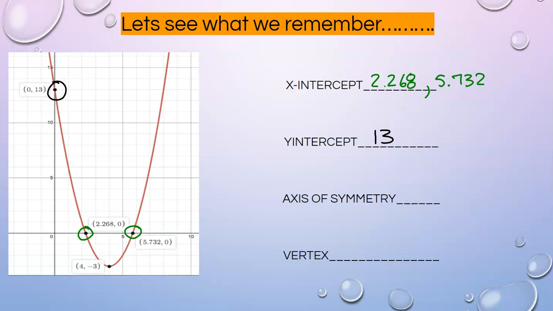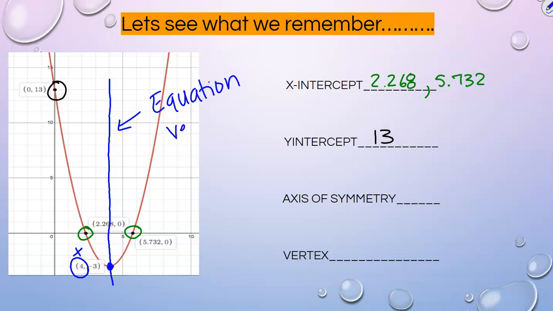Now, our axis of symmetry is the line that goes through the vertex, and it's this point. And since I know what the vertex point is, which is 4, -3, I know that the axis of symmetry is going to be the x-coordinate of that vertex. And so when I write the axis of symmetry, this is an equation of a vertical line.